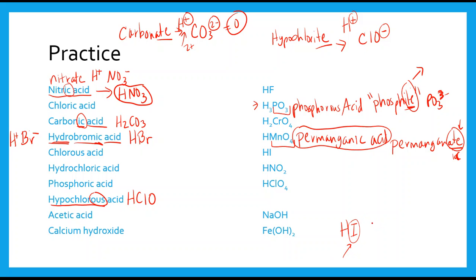So for ide, I need to put hydro, something, and then ic, and acid, right? Now this is where this one gets fun too. This is hydroiodic acid. That's how you say it, hydroiodic acid. So that would be for HI. You get to say hello.